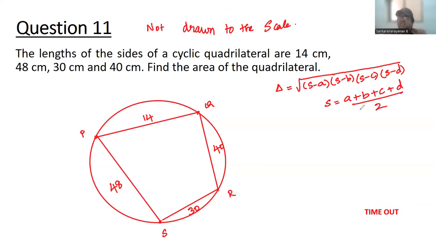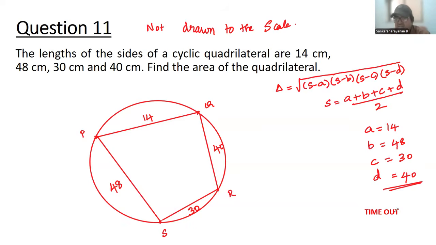Using this result, here A is equal to 40, B is equal to 48, C is equal to 30, and D is equal to 40. Substitute the values in this formula. That will fetch you the answer.